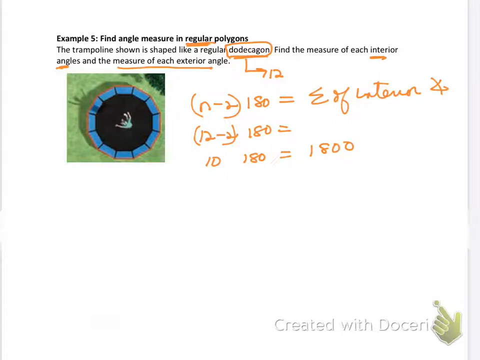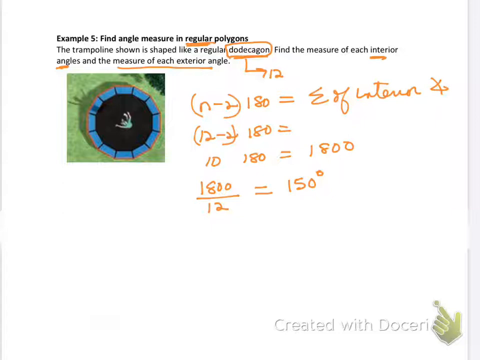Okay, so 1800. So if I have 1800 as the sum of the interior angles, don't I know that each angle is exactly the same size? So can't I divide that by 12? If I divide it by 12, I'm finding that every single interior angle has to be 150.